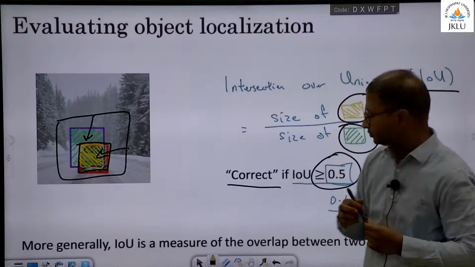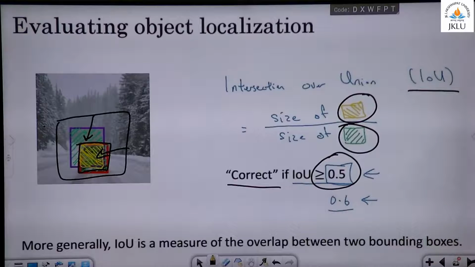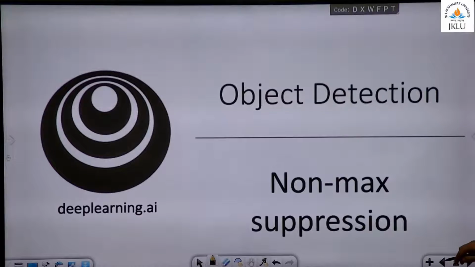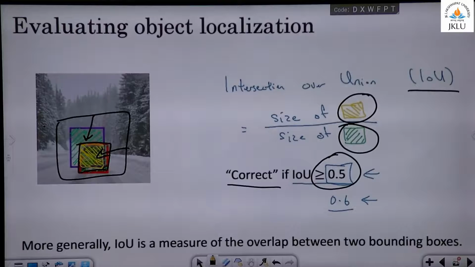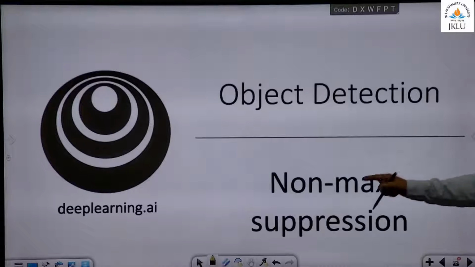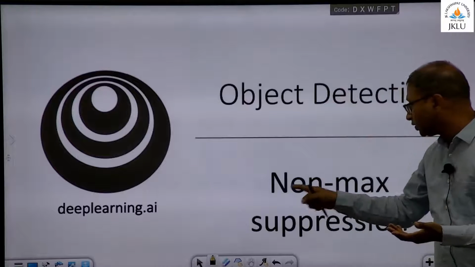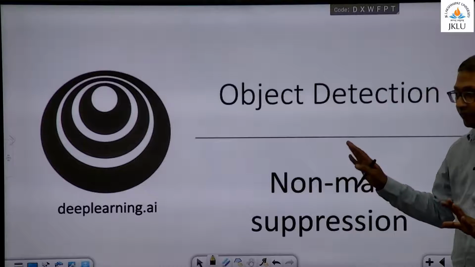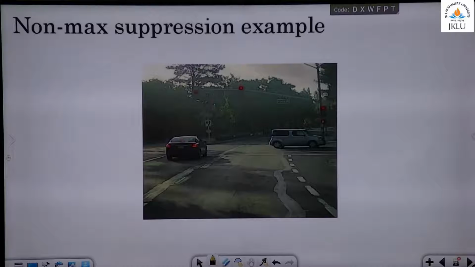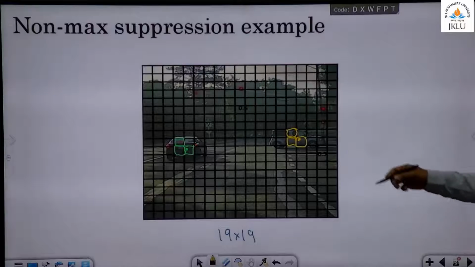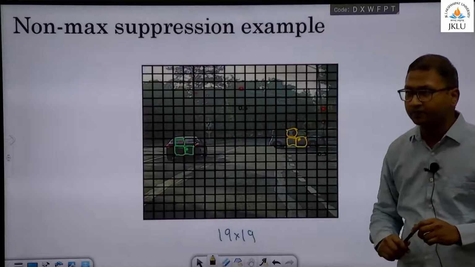More questions here. We are using this only to say that they are the same object, right? Yes. Then nothing more. We will use IOU in non-max suppression. So let me just get into this once. You have a 19 cross 19 grid.